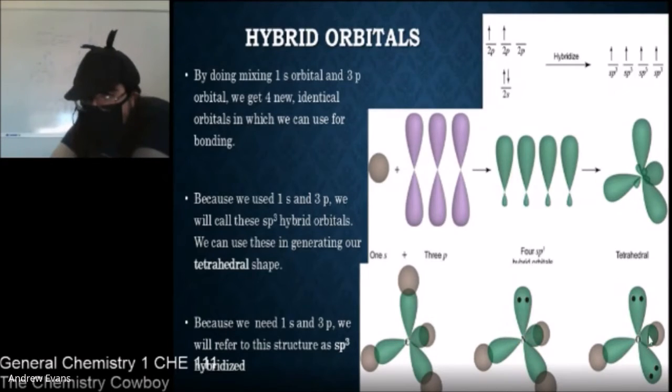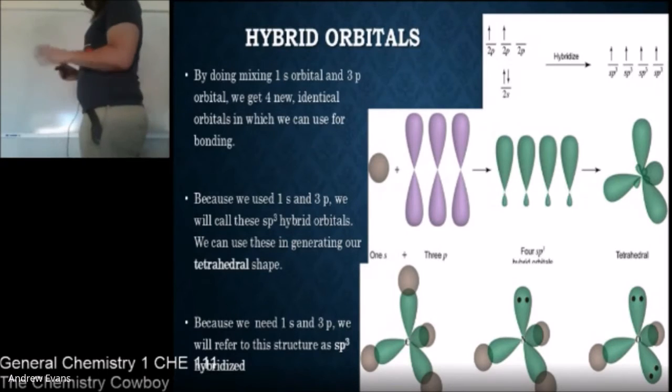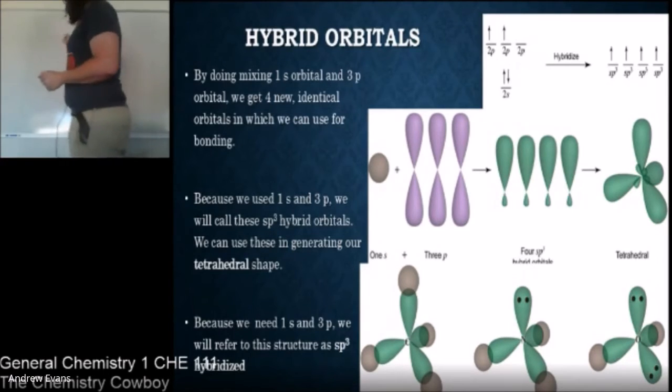Here we have our water. So we have 2 bonds and 2 lone pairs, each filling up a valence orbital. And this is why we have this tetrahedral shape, because we mix together 1s and 3p. sp3 had to do with 4 electron domains.